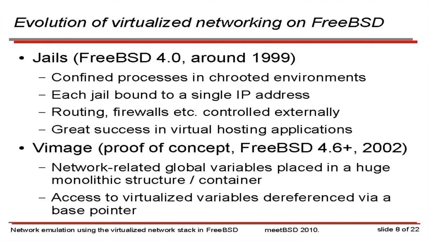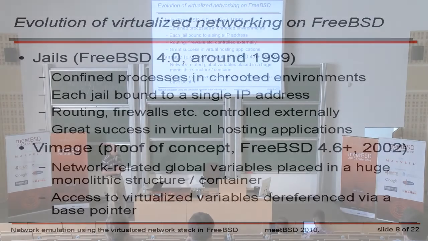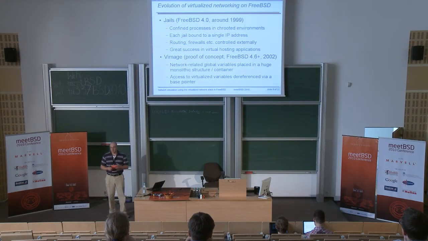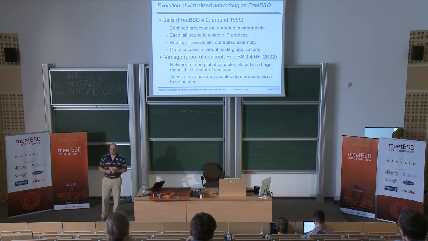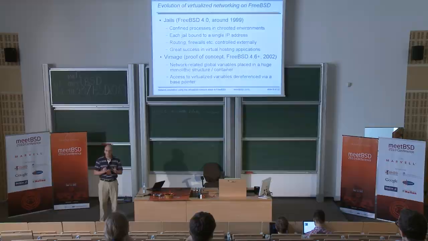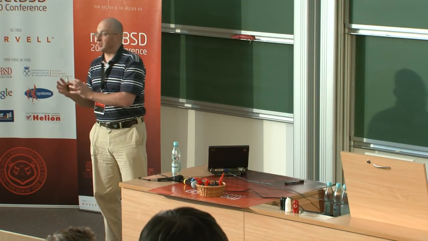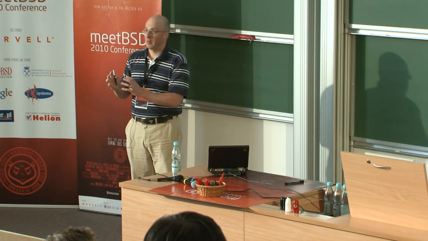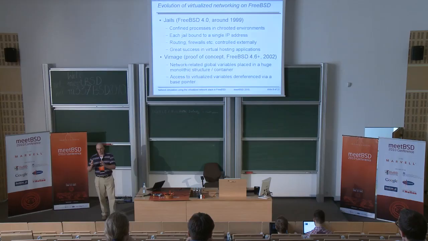So here's a brief history on how this technology evolved. FreeBSD jails originally appeared sometime around 1999, and jails basically provide the ability to group processes together, have them running in a chroot environment, and protect them from the processes running in other such groups.